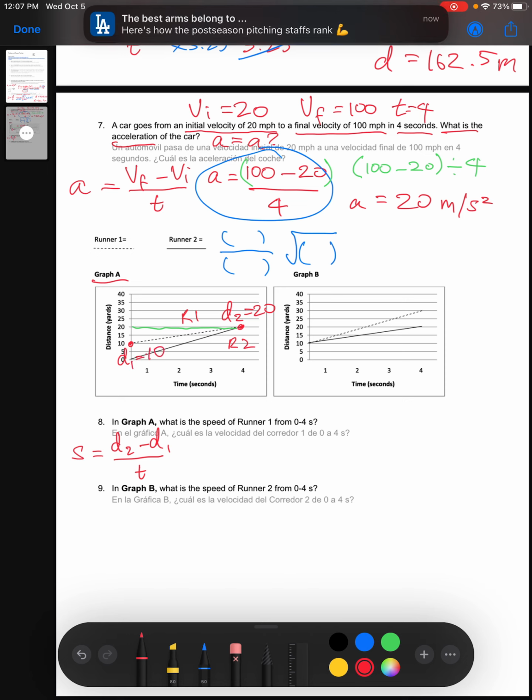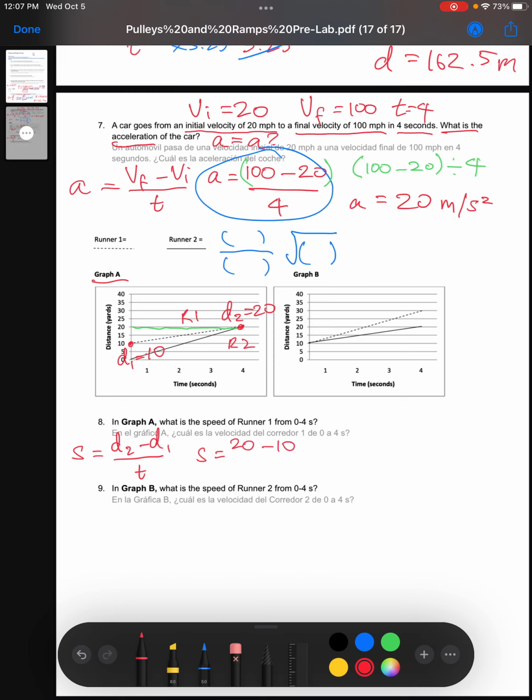So in our equation, we can write speed equals 20 minus 10. And we just need to get the time. What is the amount of time that the runner took? If we look at the graph, we can see that the amount of time is 4.